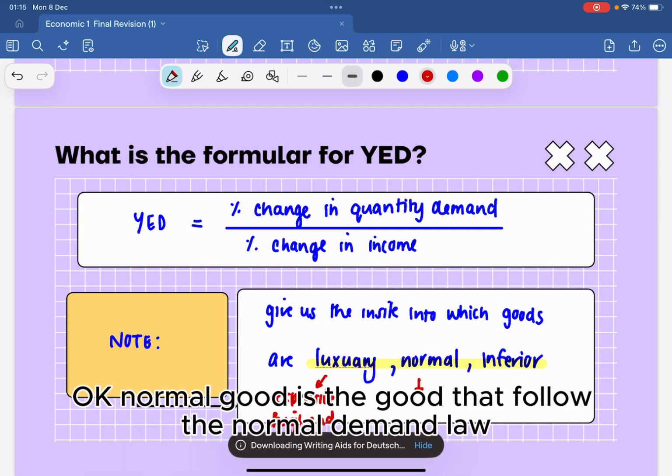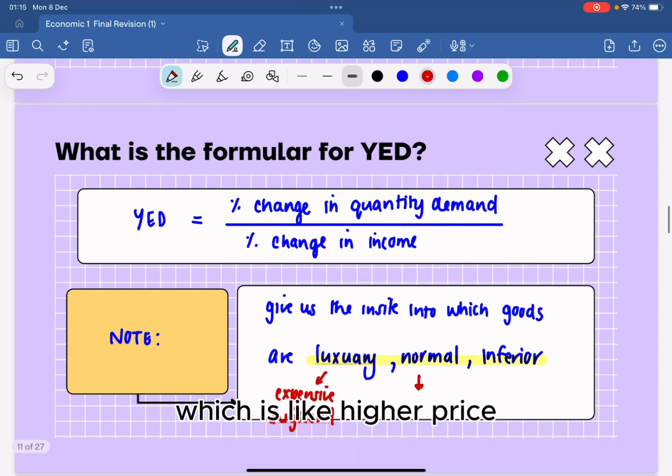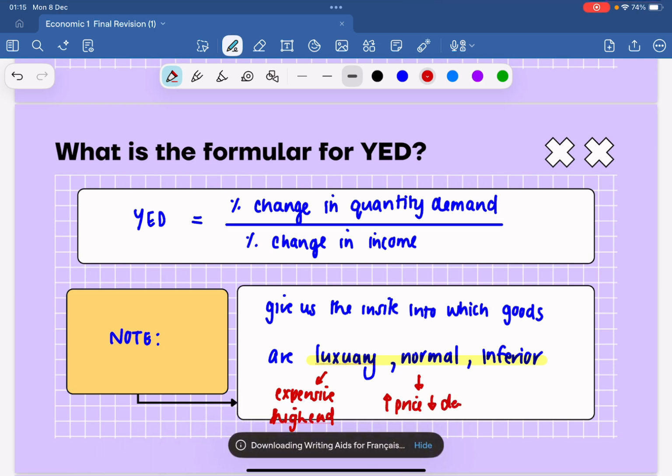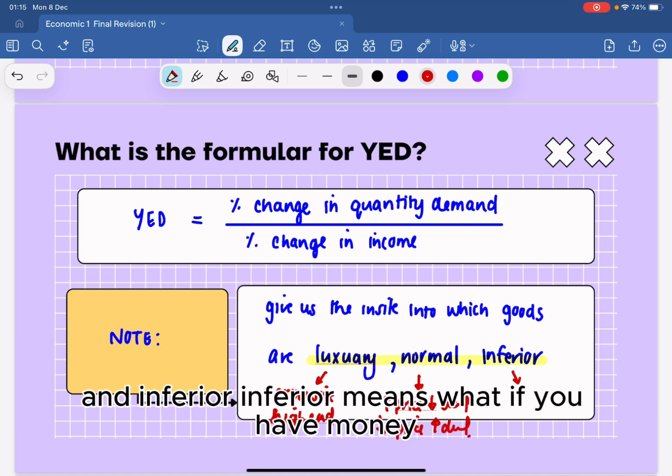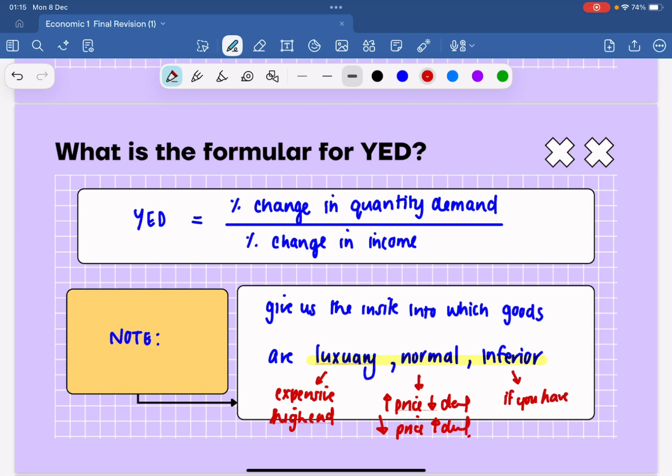A normal good is the good that follows the normal law of demand, which is higher price, lower demand, lower price, higher demand. And inferior means what? If you have money, you don't want it.